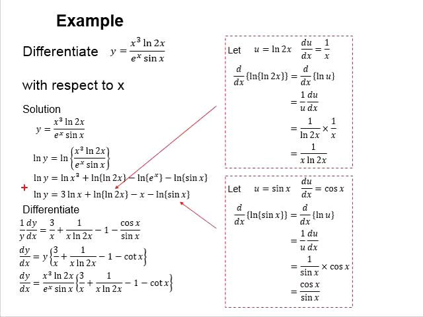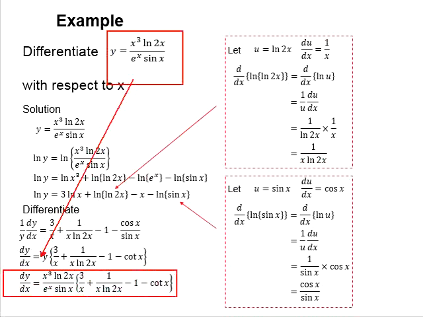With that, you have to differentiate the entire expression, you will get this. The differentiation of this is obtained here, and differentiation of this is obtained here. Reorganize the equation by moving the y term here to the opposite side. You will get this. Substitute y into the equation here, you will get this equation.